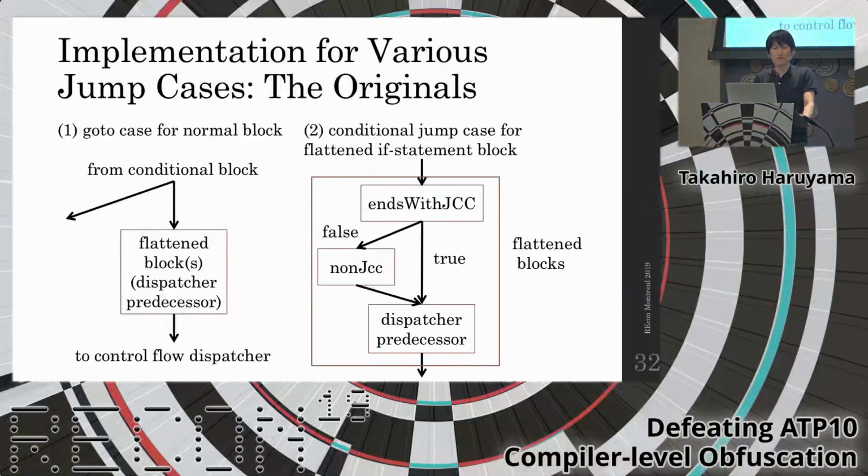The third modification is about implementation for various jump cases. The original implementation supports two jump cases. One is the goto case for a normal block. The other is the conditional jump for a flattened if statement block. If the next block is resolved, the call flow graph and the destination of the jump instruction are updated.